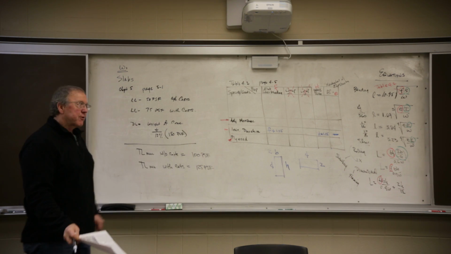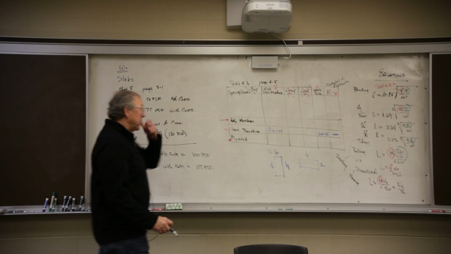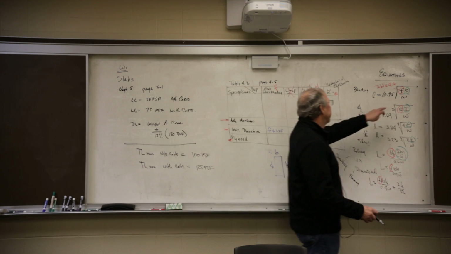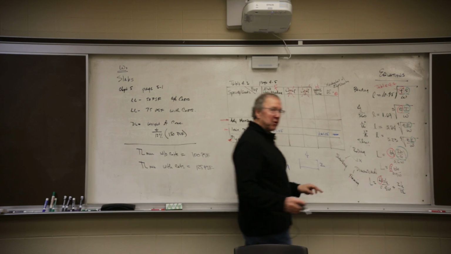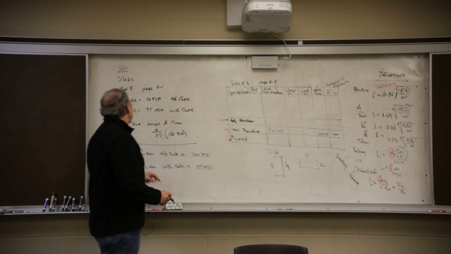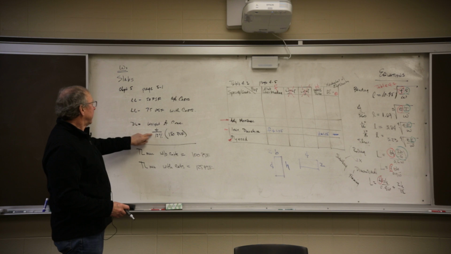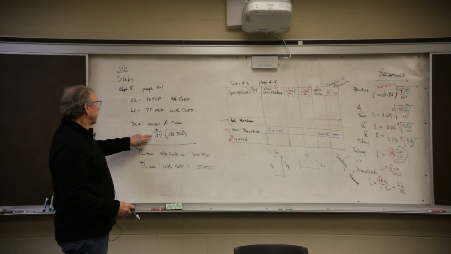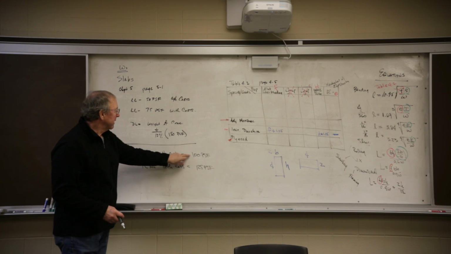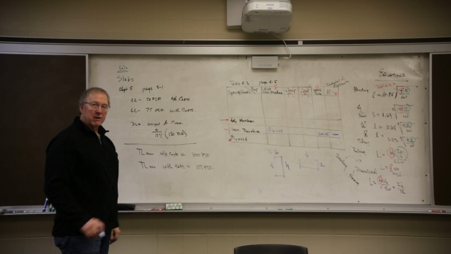So our first entry into these equations, W, well, it's going to be W1, is going to be either 50 plus the weight of the concrete without carts, 75 plus the weight of the concrete with carts, and the values have to be at least 100 and 125.